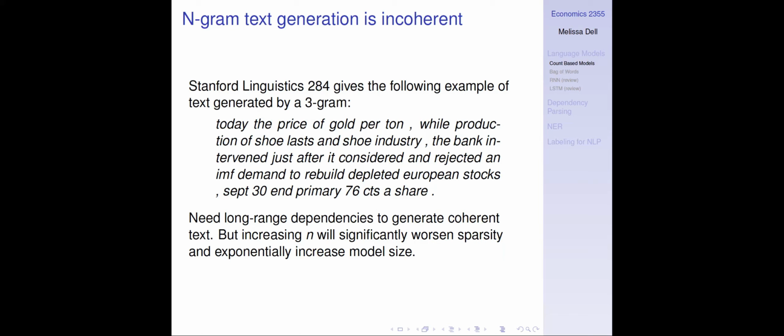You get the point that this is just garbage. N-grams cannot really accurately generate text. And why is that? Because we need those long range dependencies. That's what makes a sentence, let alone a paragraph or an entire page, coherent. But if we increase n, it will worsen sparsity and exponentially increase model size. So we just can't do that with an n-gram.